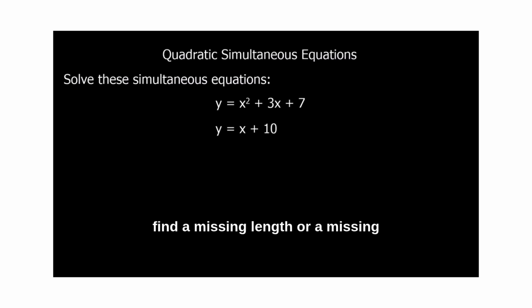When we have a simultaneous equation involving a quadratic, the easiest method to use is called substitution. So you can see here we've got y equals x plus 10 from our linear, from the straight line one. So I can take this x plus 10 and substitute it in for y.